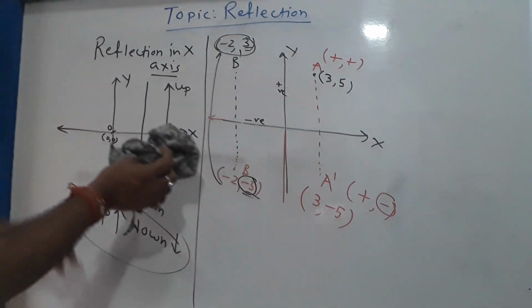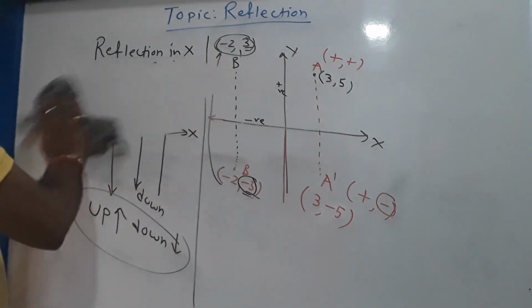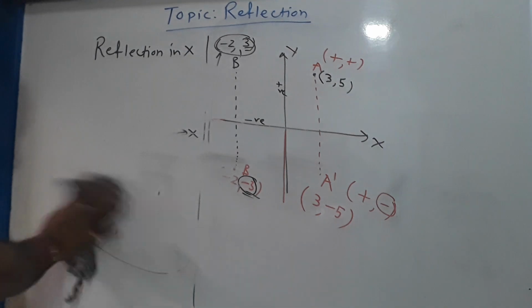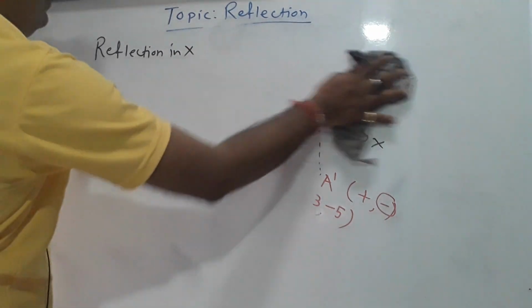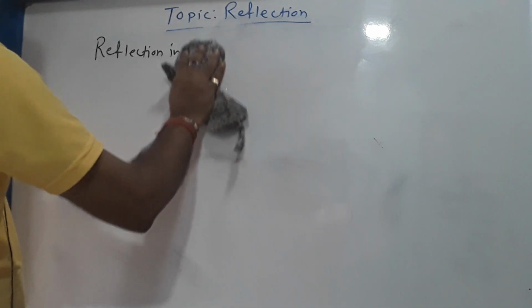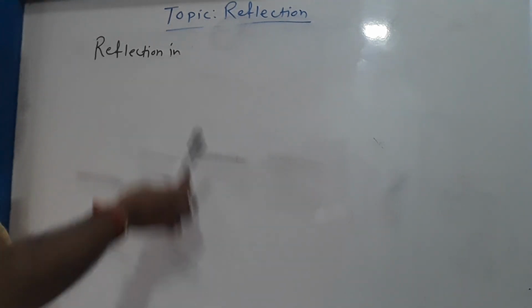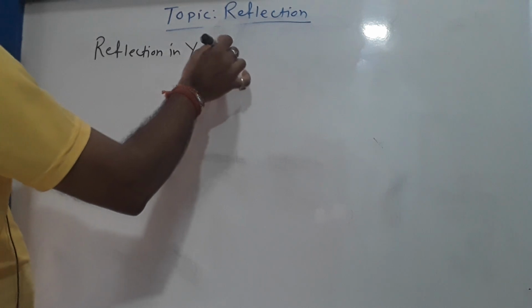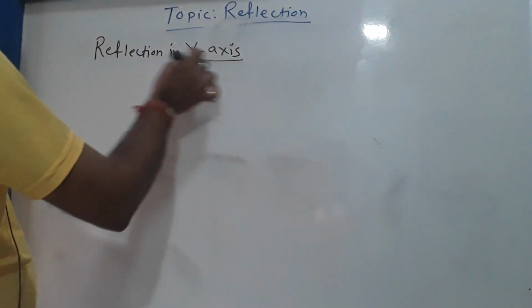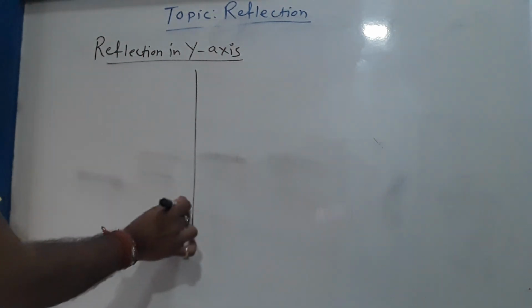Now let us take the reflection in y-axis. What was reflection in x-axis? Up and down. Let us take reflection in y-axis.